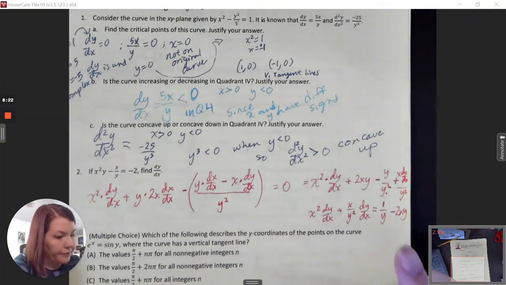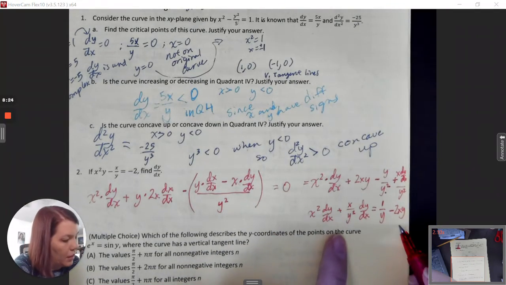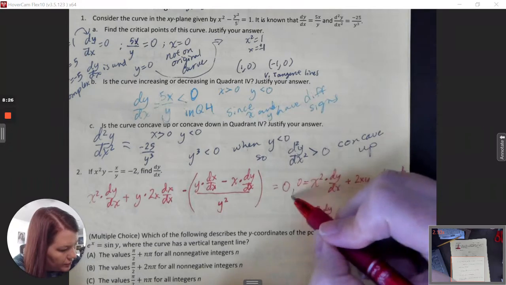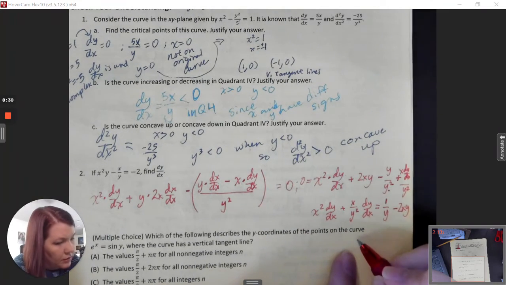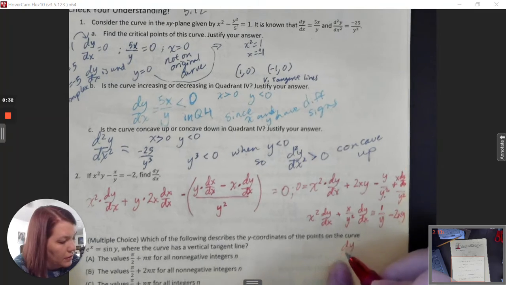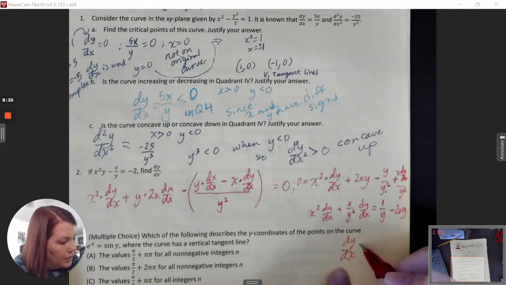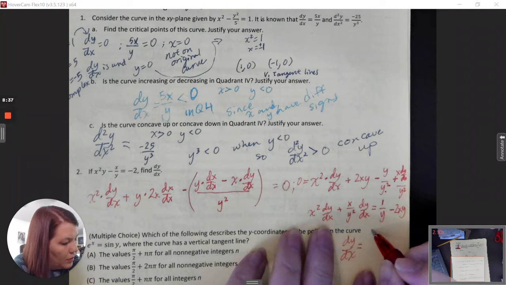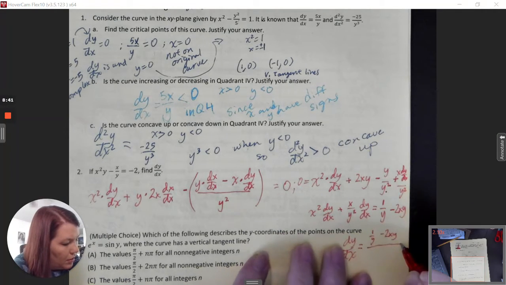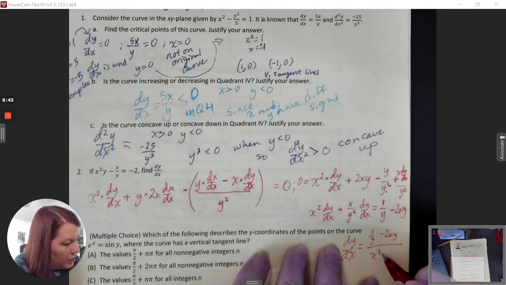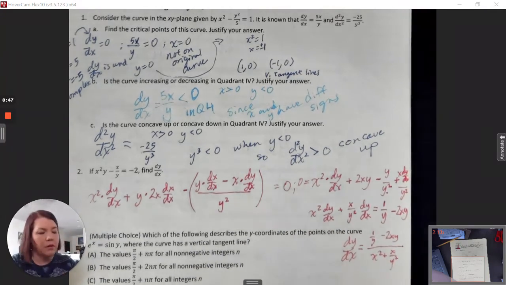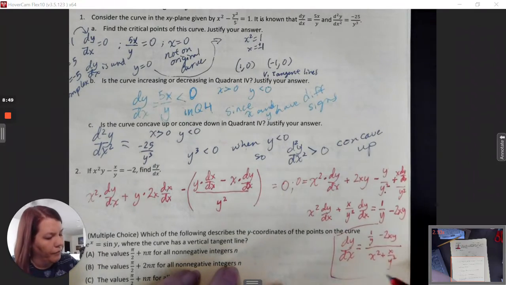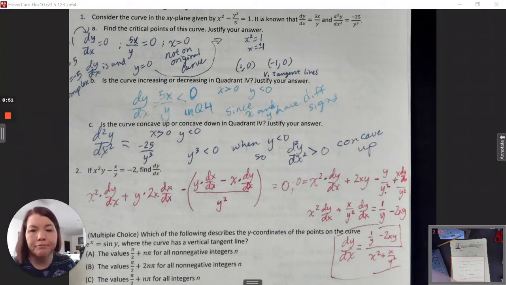Then factoring out, we have dy dx equals 1 over y minus 2xy all over x squared plus x over y squared. We can keep simplifying, but we're stuck there.